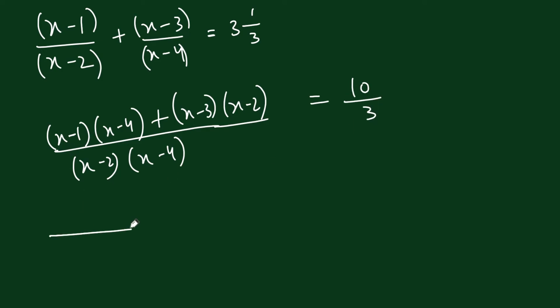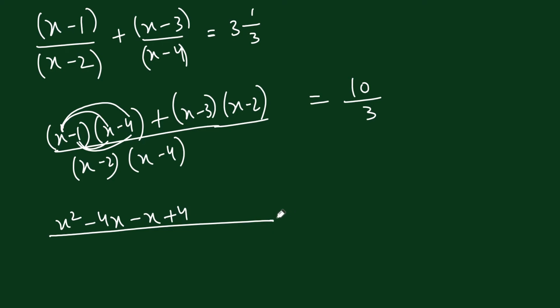Opening these brackets, multiplying these brackets, it's x into x, then x into minus 4, then minus 1 into x, then minus 1 into minus 4. So x into x is x square, x into minus 4 is minus 4x, minus 1 into x is minus x, minus 1 into minus 4 is plus 4.